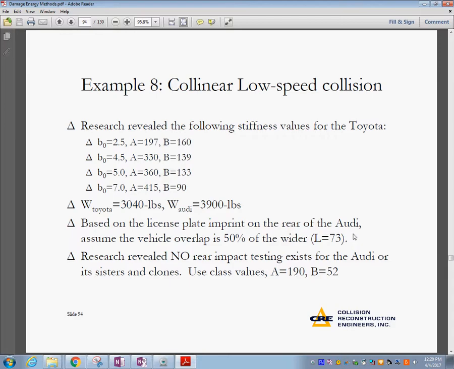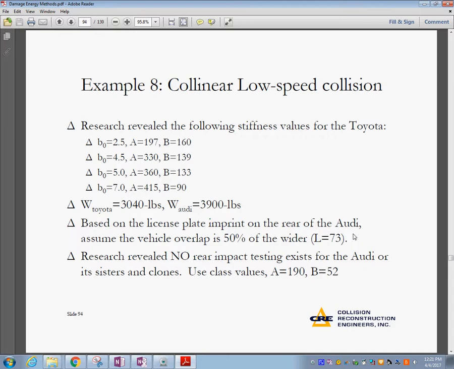Then we have the same data for the other vehicle. These are for the Toyota. Weight 3,000 pounds. Weight of the Audi 3,900 pounds. So it says this is important: based on the license plate imprint on the rear of the Audi, assume the vehicle overlap is 50% of the wider L73.